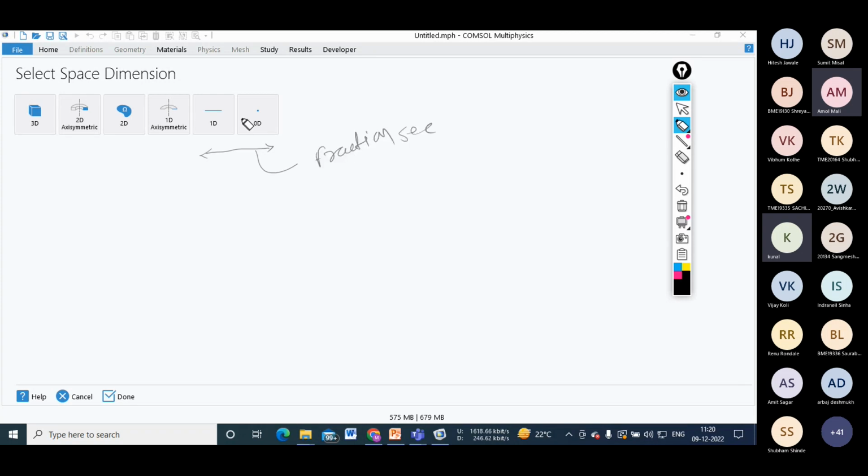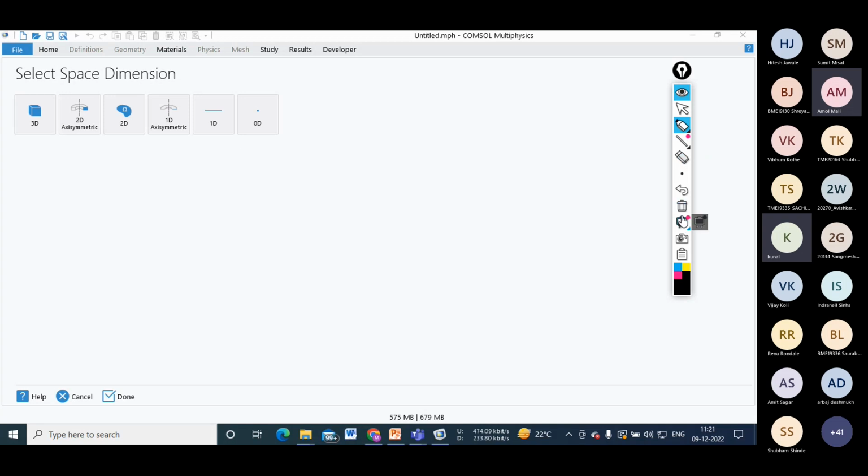But if you are moving for more visualization purpose, we need to move from 1D to 2D, or 2D to 2D axis symmetric, and 2D axis symmetric to 3D axis symmetric. This makes our visualization better. But as visualization gets better, the computation time of the problem will increase. That means we need more time to solve the problem from 0D to 3D, but our simulation will be clearer. And if you want to solve in minimum time, you can use the 2D or 1D problem also.